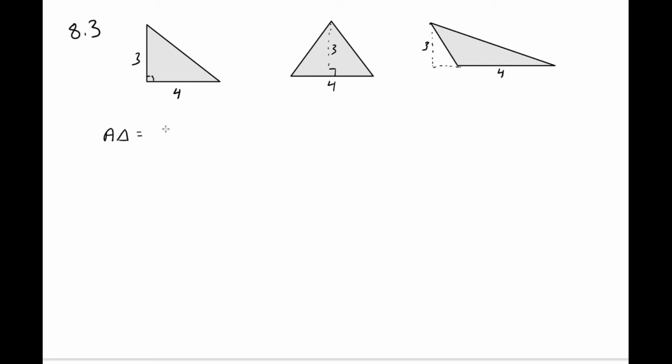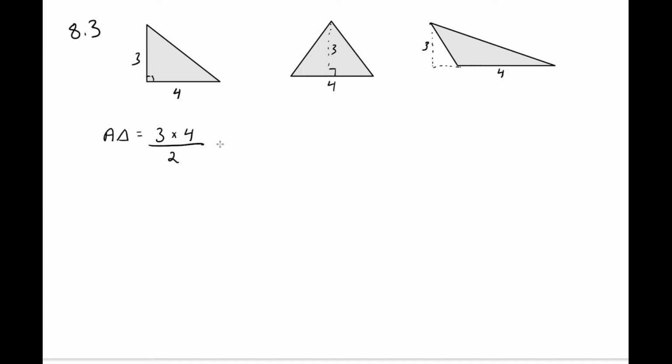So for all of these, the area of the triangle is going to be the height times the base, or length times width, however you want to do it. But with a triangle, we tend to call it height and base because the triangle rests on the base here. So 3 times 4 over 2. For all 3 of these, it's going to be the same area.